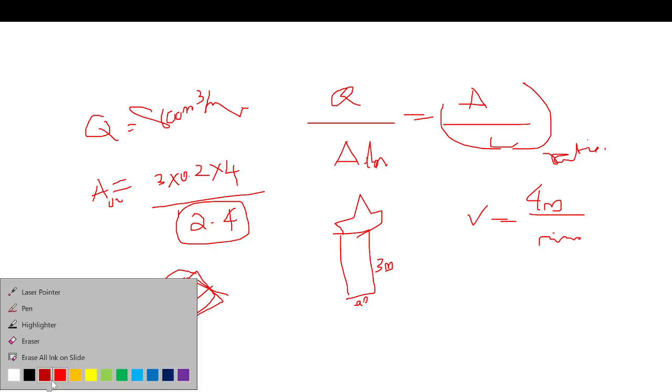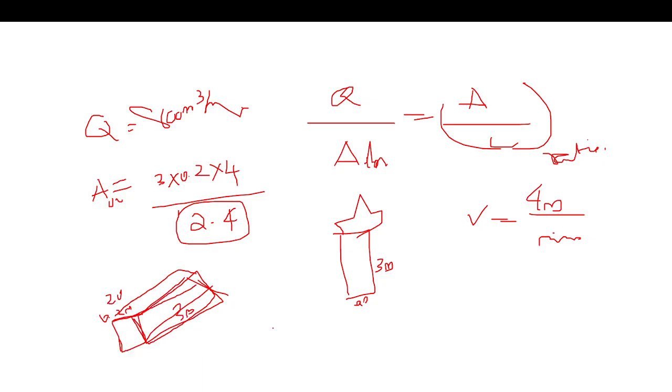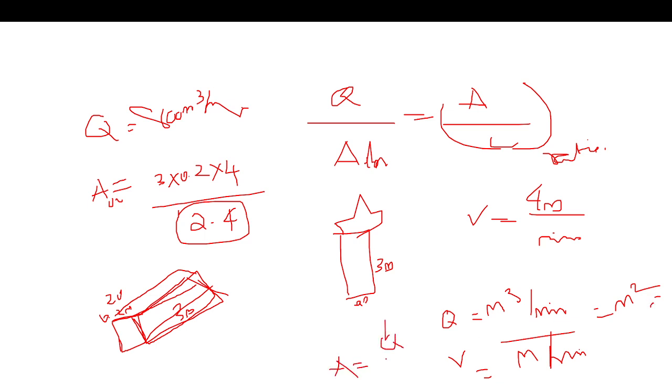That's what I said, always unit matters. If Q is meter cube per minute and V is meter per minute, it's a simple sum. If you divide, you will get meter square. That is the area. So A equal to Q by V.